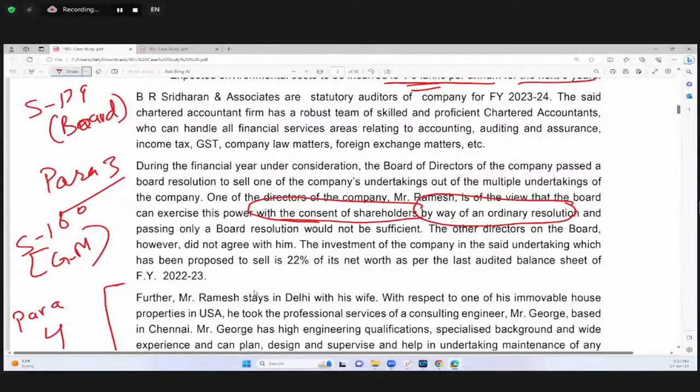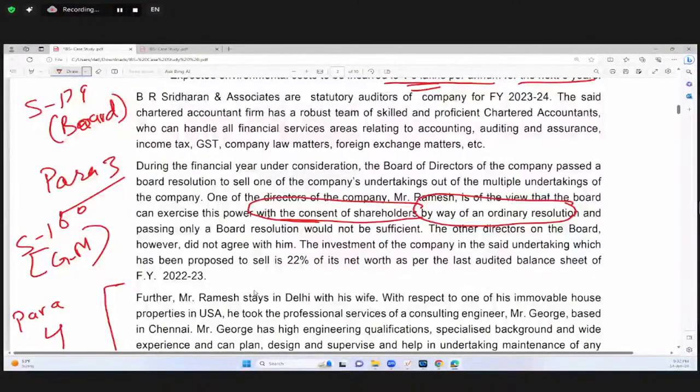अब इसके अंदर अगर हम सेक्शन को डिटेल में पढ़ेंगे तो इसमें ये भी मेंशन है कि undertaking कितनी हो सकती है. Sometimes the undertaking's value is 5%, 2%, that is not major, that is not very crucial.